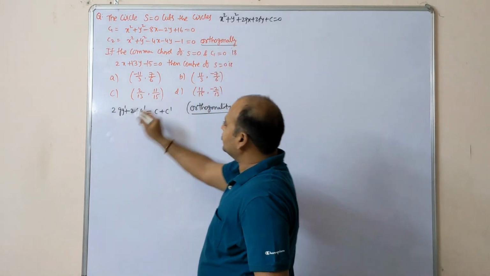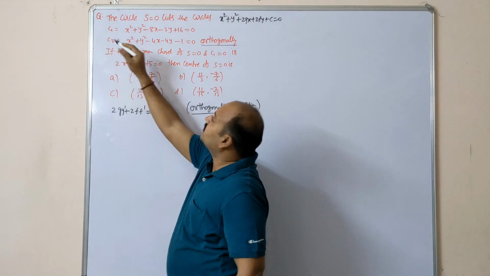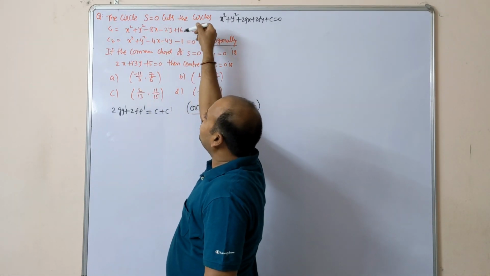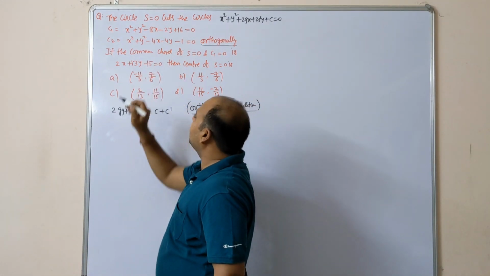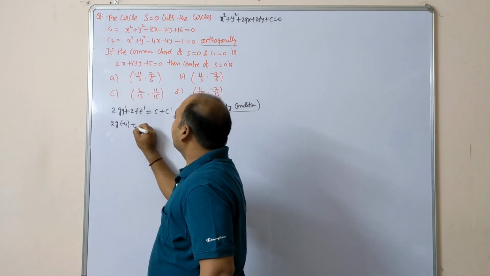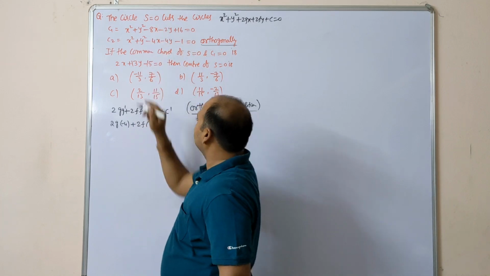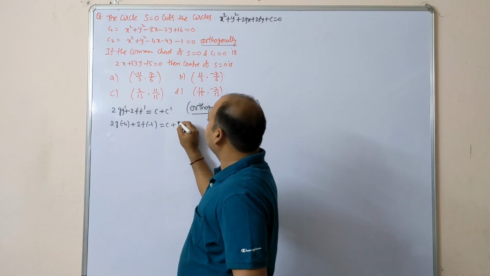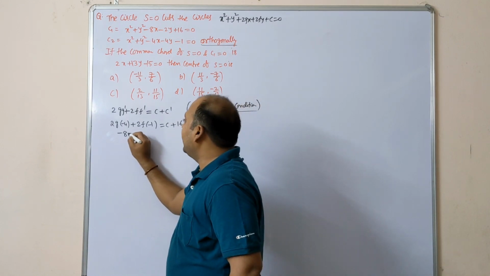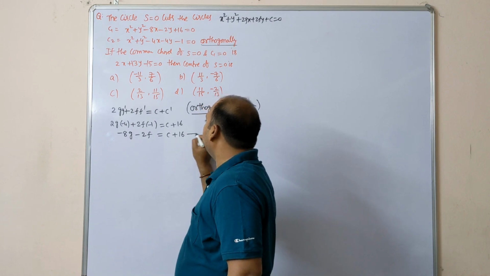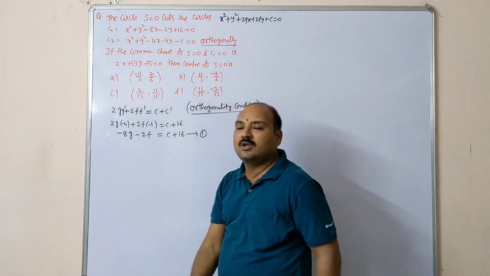So in this, 2g only, g dash from C1 equation: compare this equation with x square plus y square plus 2g dash x plus 2f dash y plus c dash equal to 0. g dash equal to minus 4. So 2g into minus 4, 2f into minus 1, c only, c dash value plus 16. So minus 8g minus 2f equal to c plus 16. Put that equation number 1.